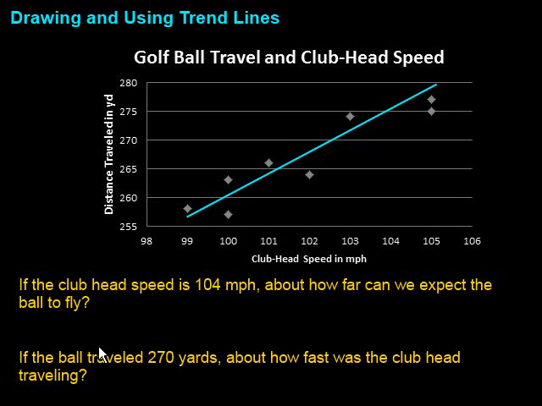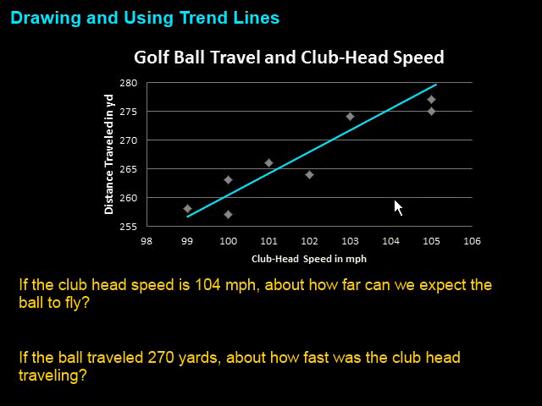I'm able to see, well, what would something be for a given situation. So let's look at a couple examples here. For this first one, it says if the club head speed is 104 miles per hour, about how far can we expect the ball to fly? Okay, so we find the club head speed being 104. Well, that's right here.